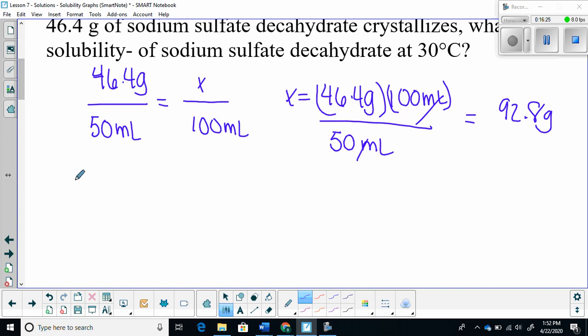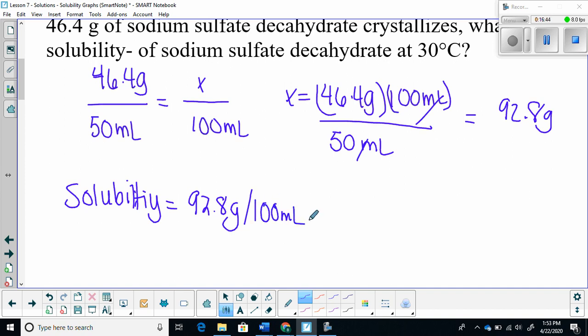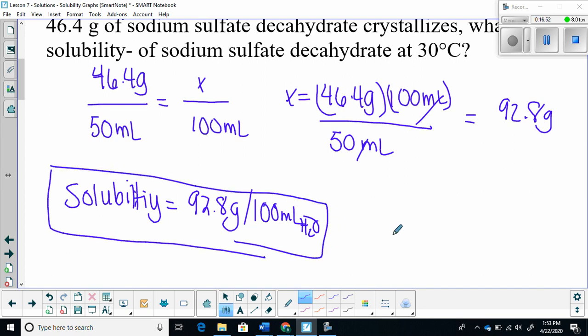So solubility is equal to 92.8 grams per 100 milliliters of H2O. There's our final answer.